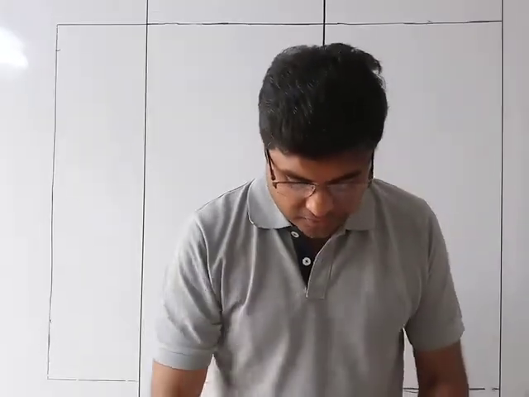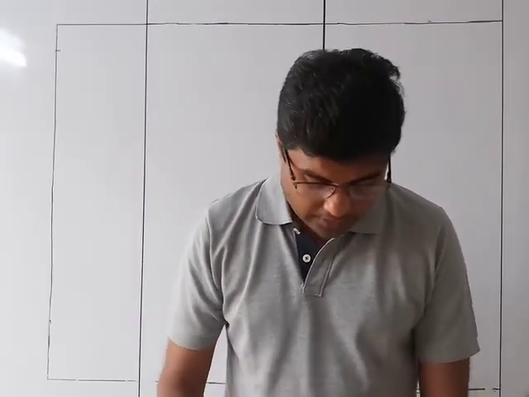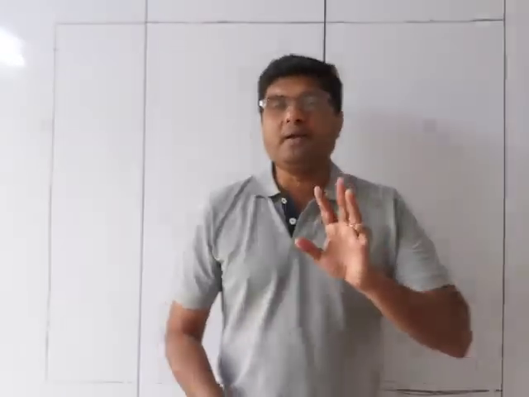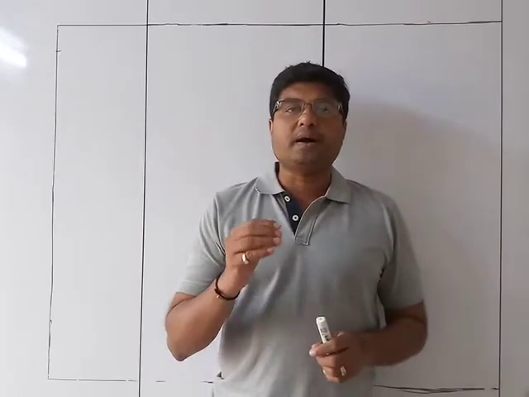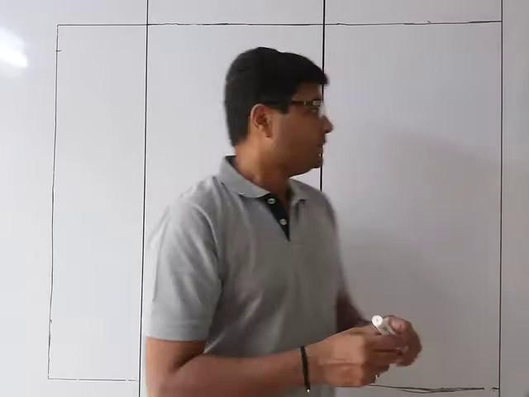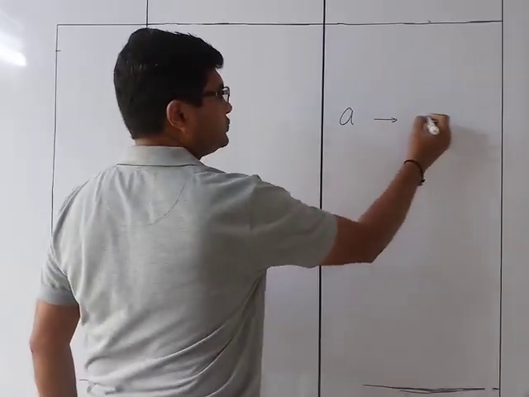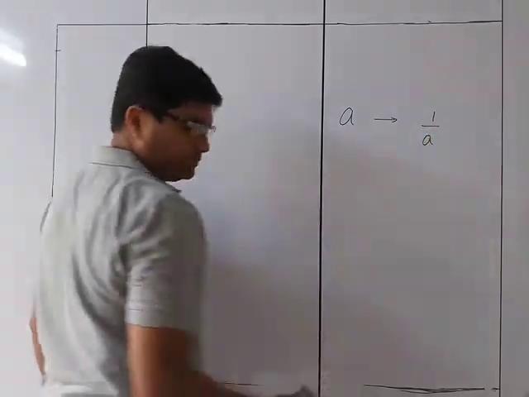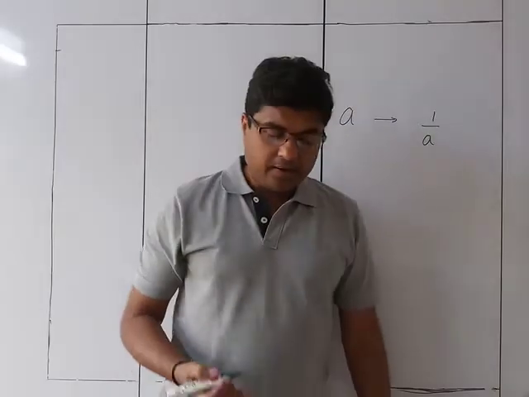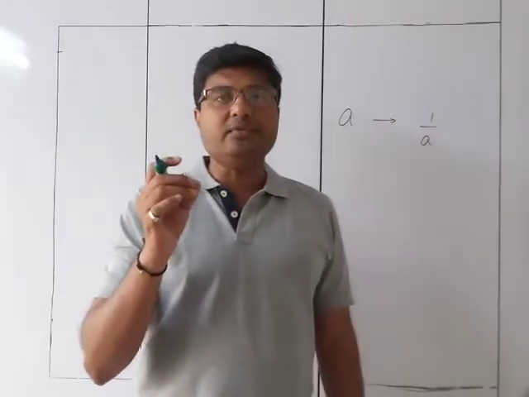Now a multiplicative inverse is nothing but the reciprocal of the number. So if the number is a, the multiplicative inverse of this will be 1 upon a. It's a simple thing that the reciprocal is the multiplicative inverse.